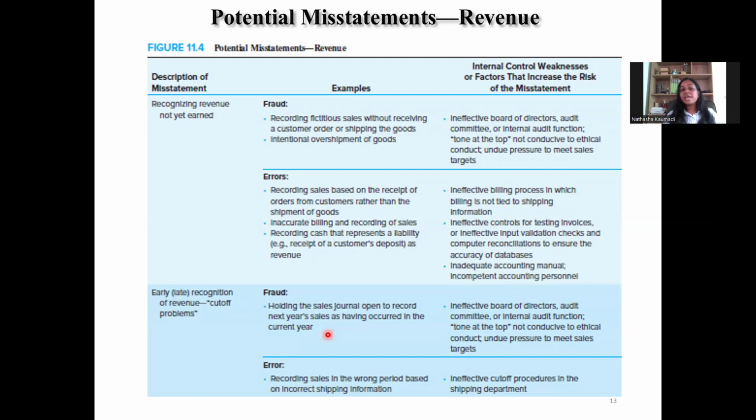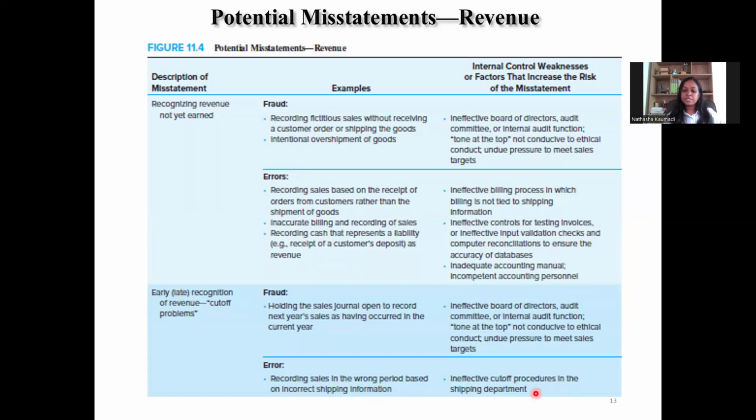So what are the internal control weaknesses or the factors affecting these things? An ineffective board of directors, audit committee, or tone at the top not conducive to ethical conduct. Those are the reasons. The same reason is repeating here. And what are the errors now? Recording sales in the wrong period based on incorrect shipping information, right? So these things can happen.